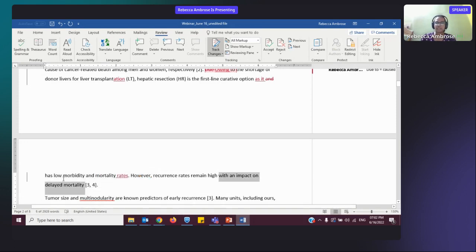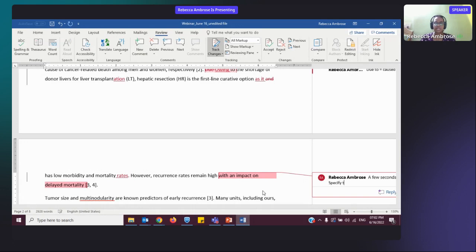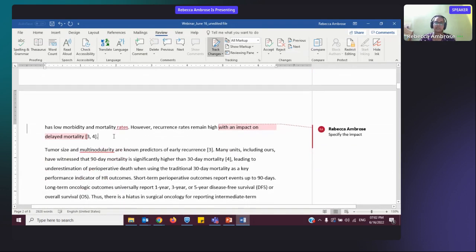So can we actually say this? Maybe just specify the impact rather than just saying it has an impact. Maybe delayed mortality is typically higher, but maybe overall mortality rates are still lower than usual. We don't know. So just to clarify that.